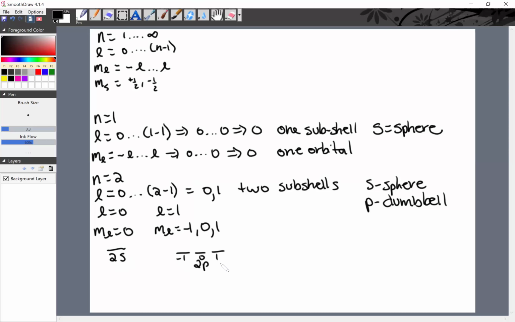All right, now why are there 3 p's and only 1 s? Remember, I'm trying to describe where the electron can live around the nucleus. Well, if you're a sphere, here's my nucleus. I know this is flat, but picture a sphere: you only need 1, because a sphere will describe all three-dimensional space. But if you're a dumbbell, that will only describe 1 axis.